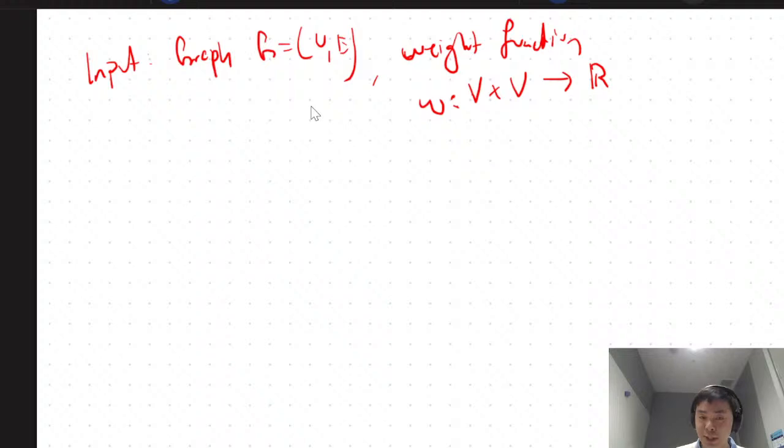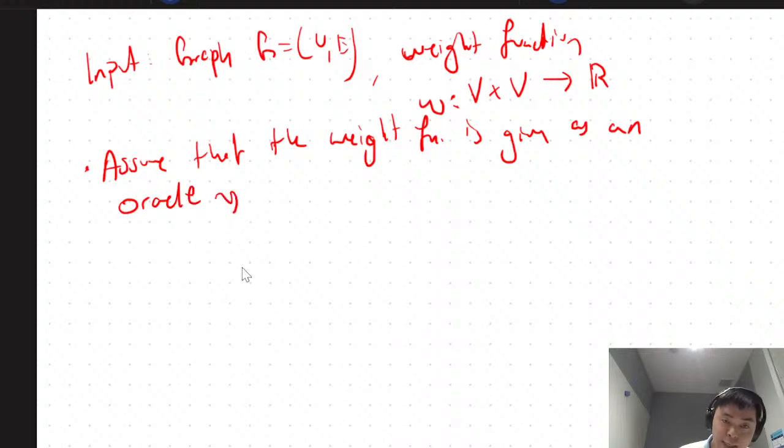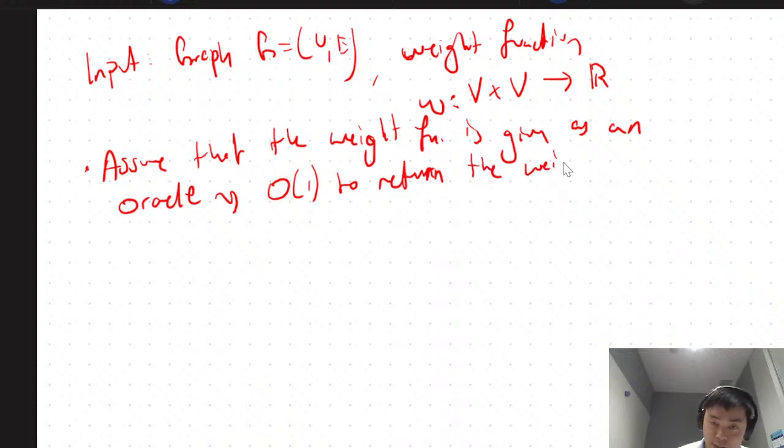and then you're given a weight function as a black box oracle. So you can assume that the weight function is given as an oracle, which means that it takes O of 1 to return the weight of an edge.